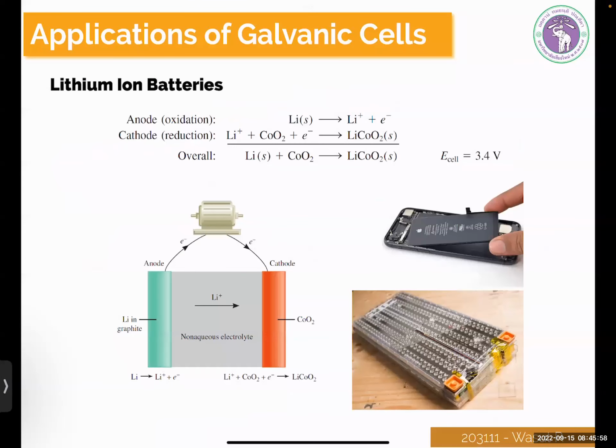And of course, the last type of battery I want to talk about is the most famous one nowadays. Where can you find this type of battery? It's around you. Tell me. Where?